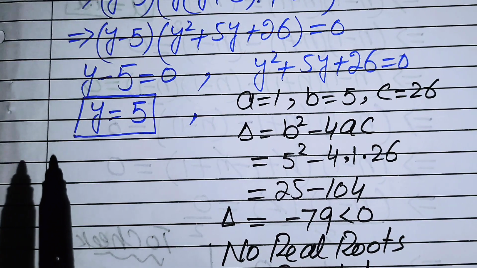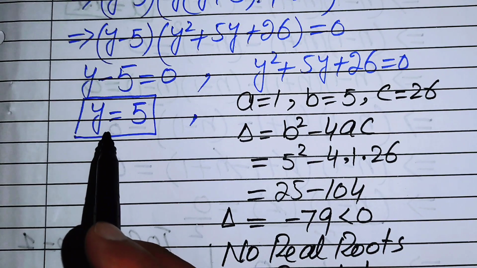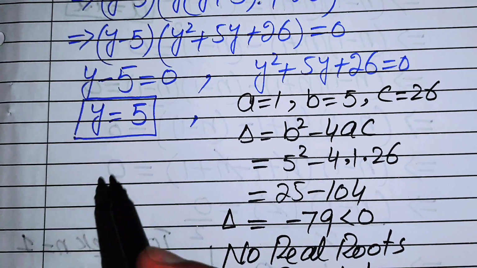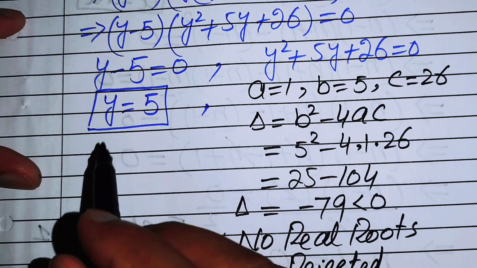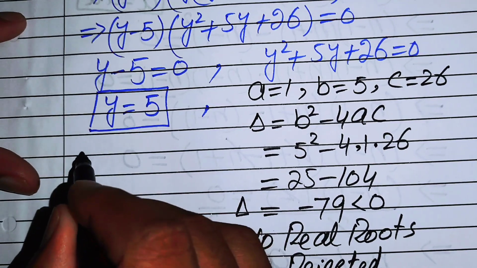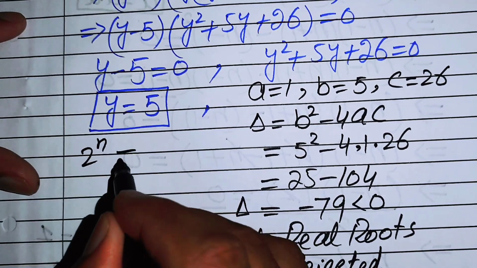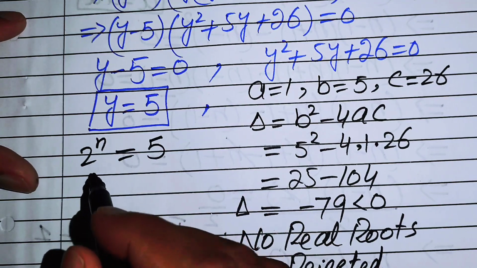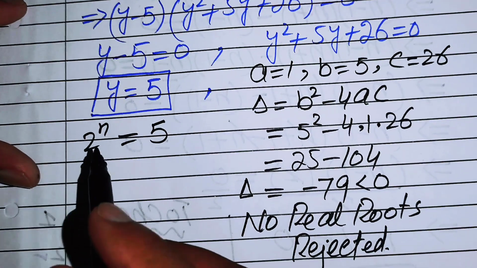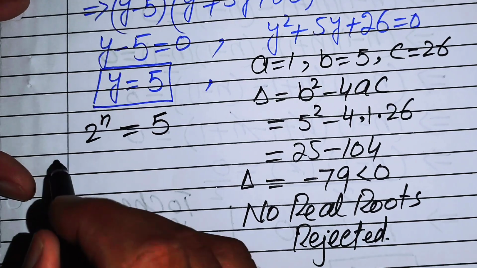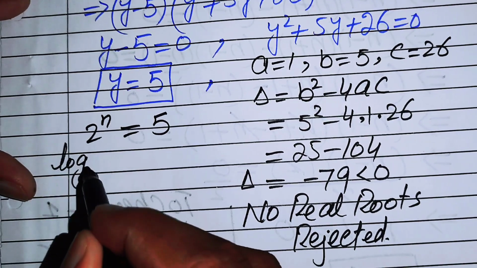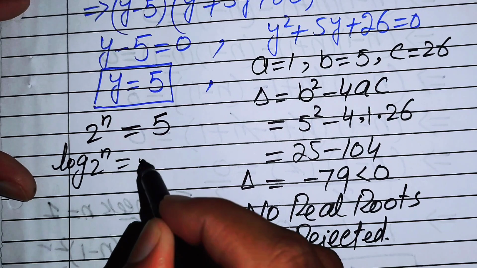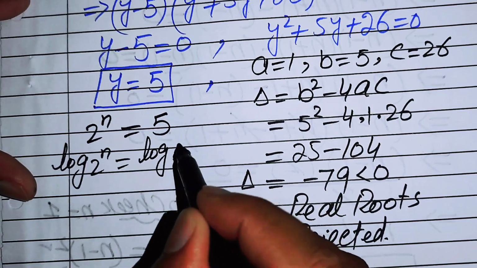And in this case we have y is equal to 5, and at the start of the question we took y is equal to 2 to the power of n, so we will back substitute the value of y, and you get 2 to the power of n is equal to 5. And now in order to find the value of n, we take the log on both sides, and you get log of 2 to the power of n is equal to log 5.